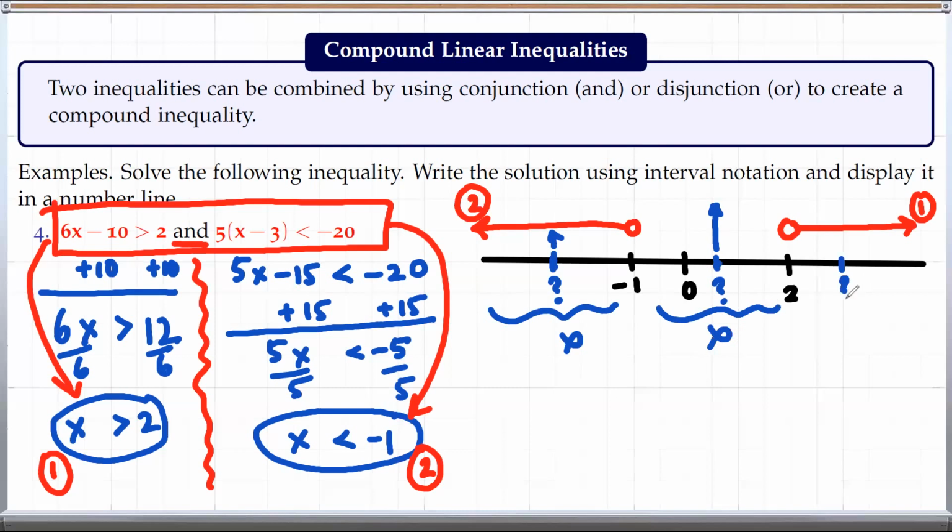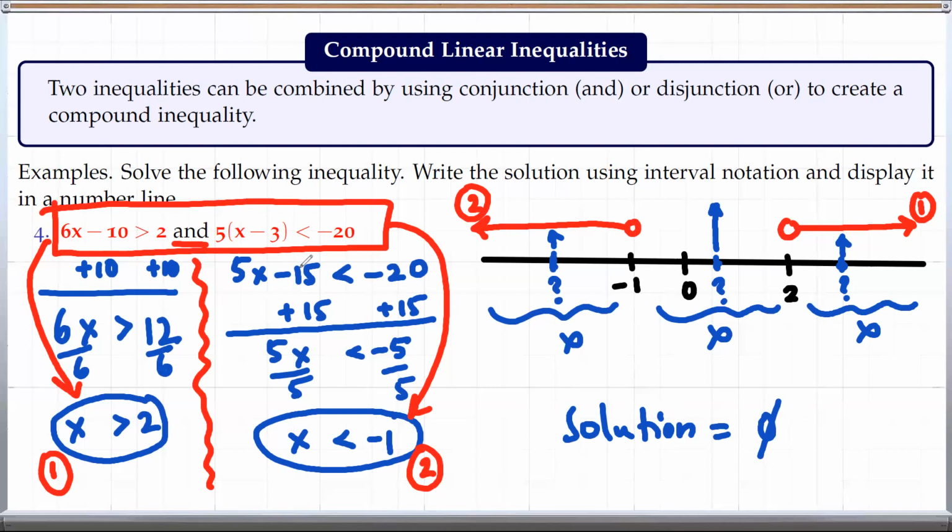If you look at any real number over here in that interval above 2, it satisfies the first inequality, but not the second one. There is no graph for the second one above this real number, so any real number here will also not work. So there is no real number x that satisfies both of these. That means the solution is empty. There is no value x that satisfies this compound inequality.